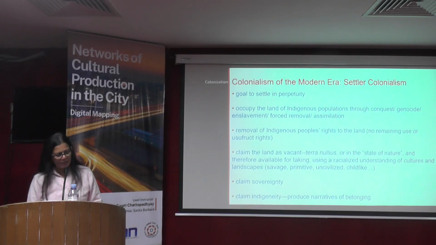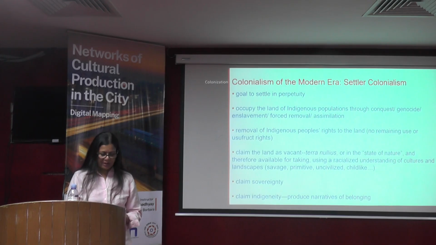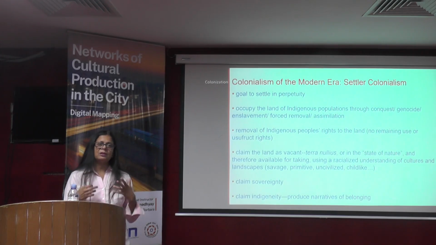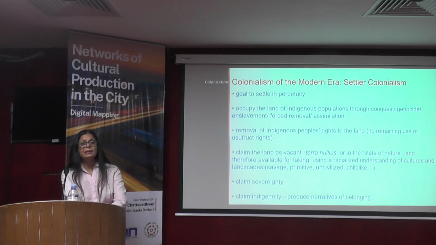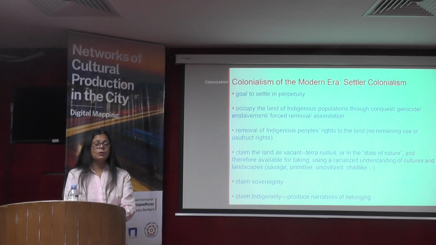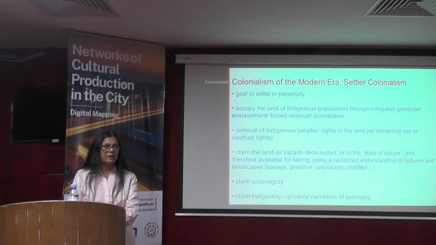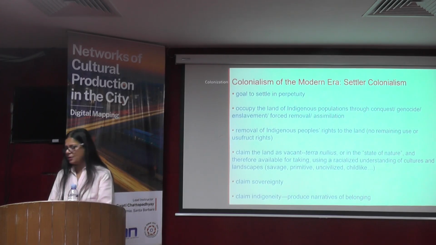The most egregious and most overt of this was in Australia, because the policy of terra nullius, which means vacant land, claimed that indigenous people had no right to the land, negated all their rights, and basically ignored their presence. The land was found vacant for colonization.